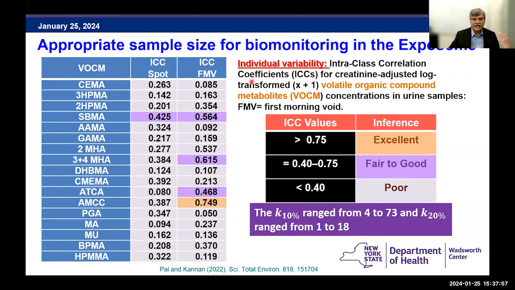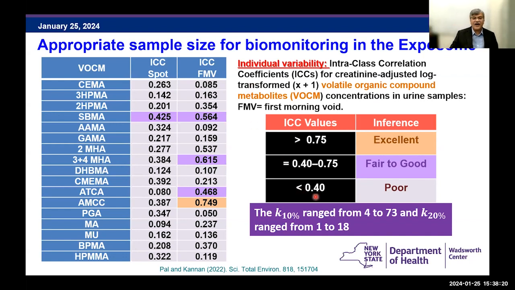Normally, in an epidemiological study, we calculate intra-class correlation coefficients, to see if one sample from an individual is enough to represent long-term exposure, right? You collect samples from an individual over time and you calculate the ICC.